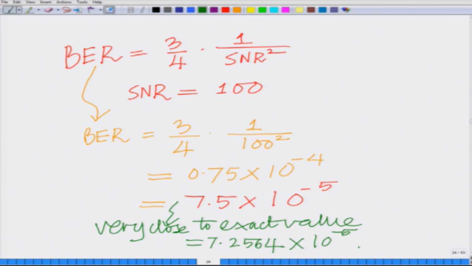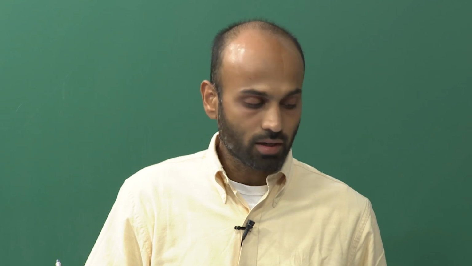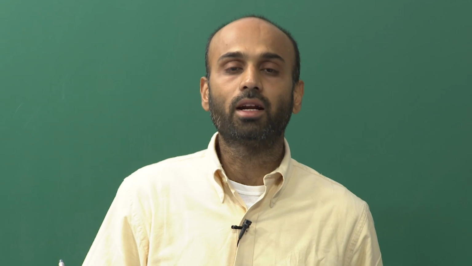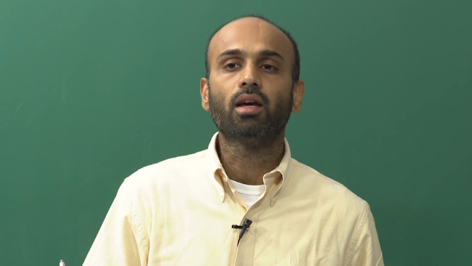Alright. So, this is how we can calculate the approximate bit error rate at a given SNR in a system with L equal to 2 receive antennas.